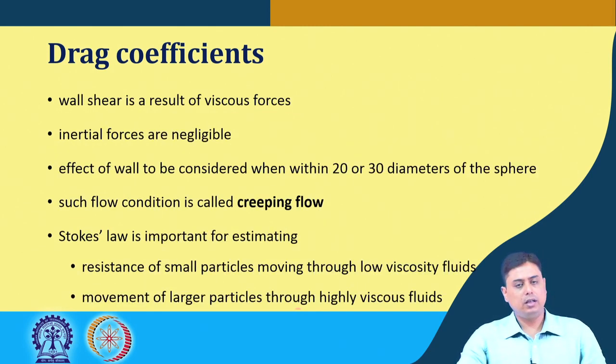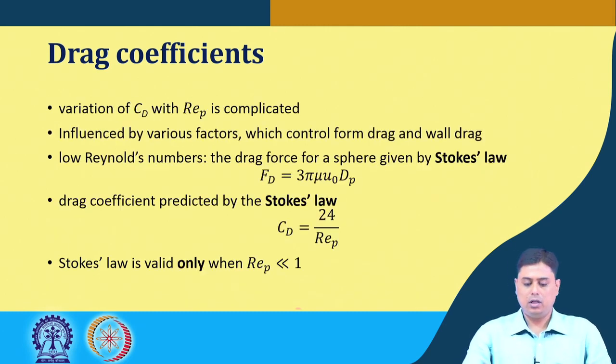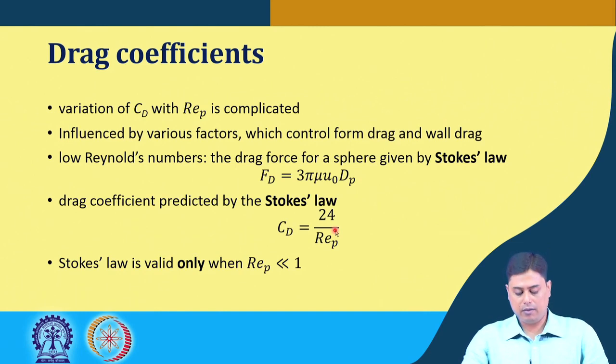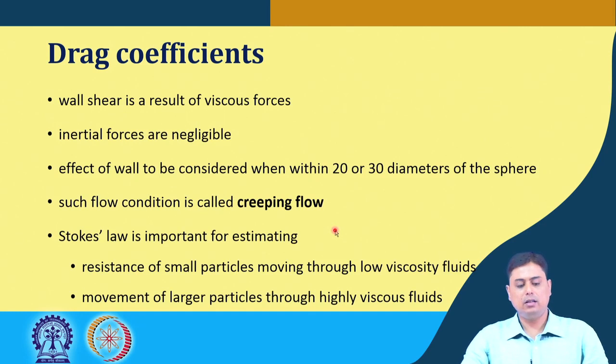Now let us see what happens with wall shear in such cases. In the Stokes law, the typical example that you have possibly already seen is a spherical particle falling in a stagnant pool of liquid. In that case, the wall shear is a result of viscous force.